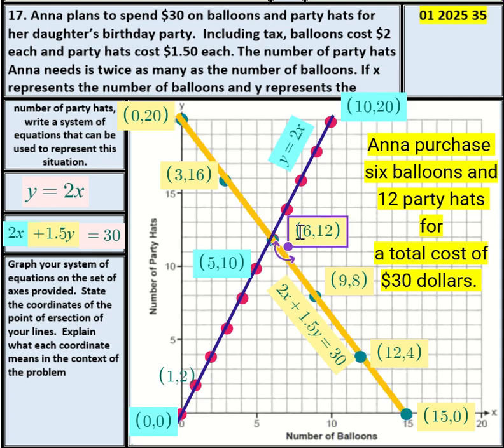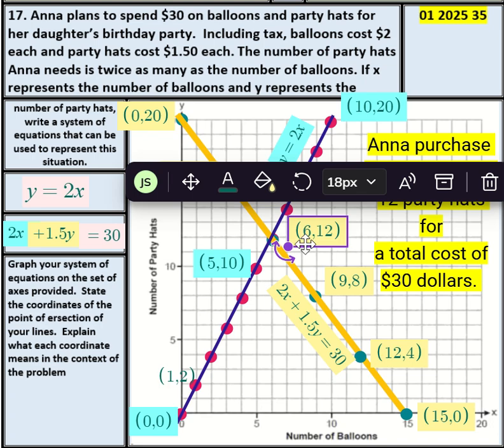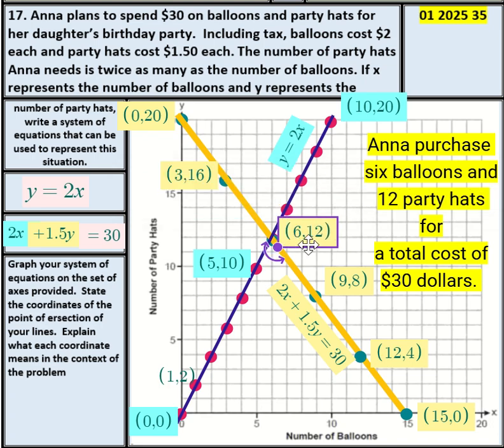By having the point of intersection labeled (6, 12) and then stating that intersection in your explanation, this is full credit, 6 points for question number 17. And notice, this question was on the exam in January. So this is very similar to the type of questions they might ask on the next Regents exam.